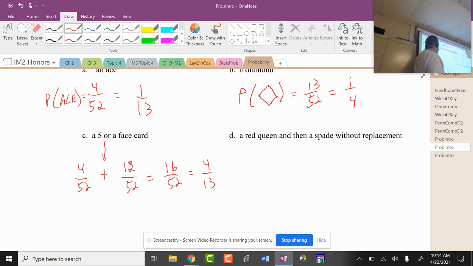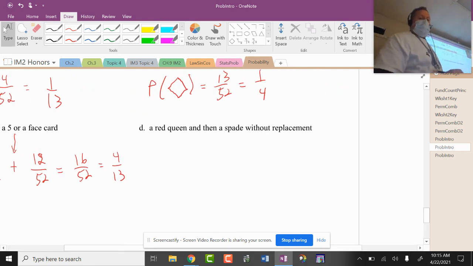Face card. So there's 4 kings, but what would this number have to be? Yeah, you'd have to pull that out because it's not mutually exclusive. I already have the 4 kings counted in the first part, and that's when this gets crazy. That's why we have to add some concepts. Not yet, but I just want you to know we're going to have this question again, and then there's going to be some overlapping, and then you got to actually figure that out.